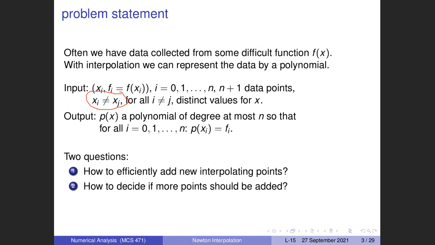If we are going to add a new interpolation point, we would like to have only a linear amount of work. So we have the algorithmic question, but then we also have, most importantly even, what is our criterion to decide if more points should be added or not? And that is a numerical criterion, not a very precise criterion that we can apply.